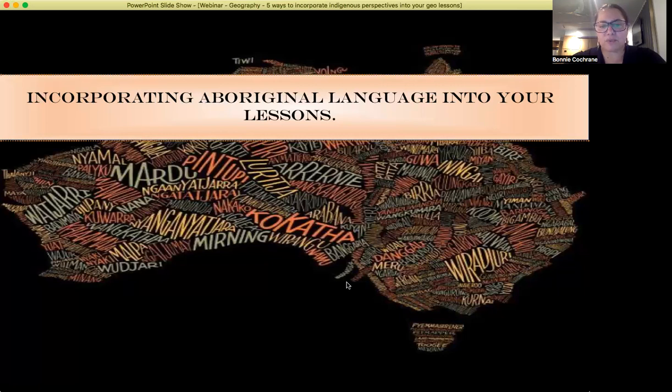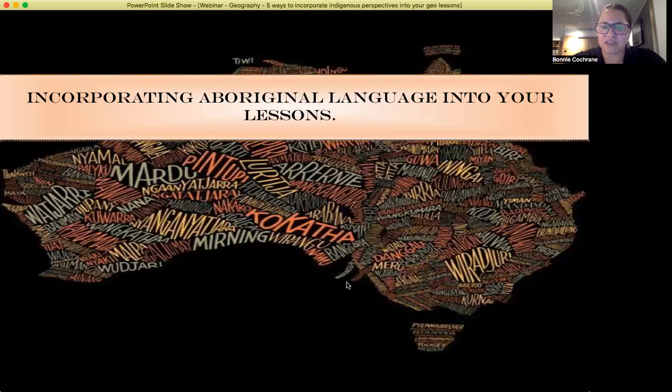You could also look at Aboriginal words for the native animals around your area. What sort of animals live in those different areas? What's the language name for those animals, plants, trees or shrubs? You could have your students make posters and display them in your classroom or around the school environment.